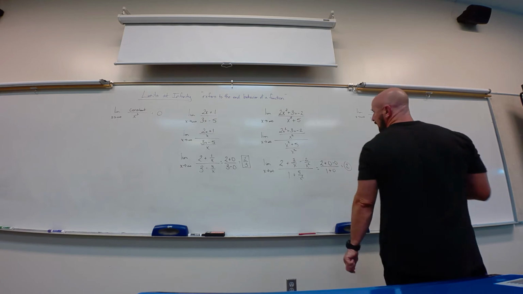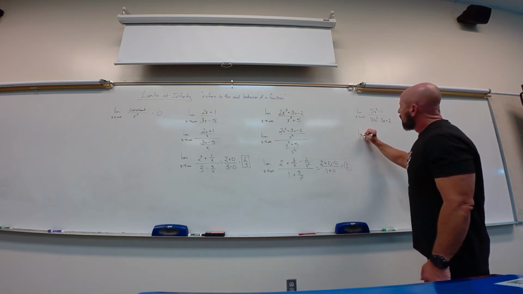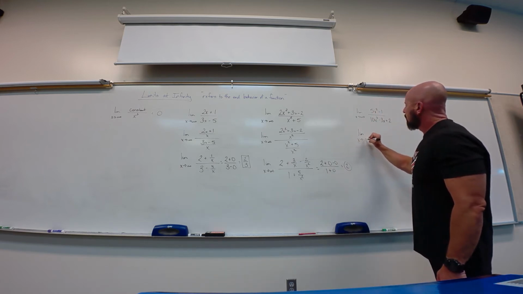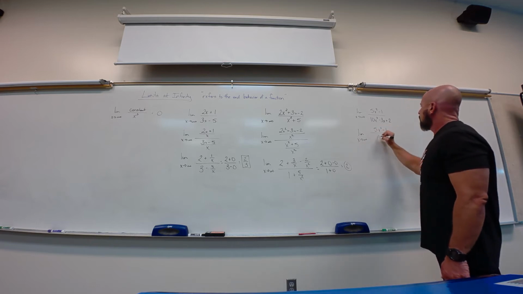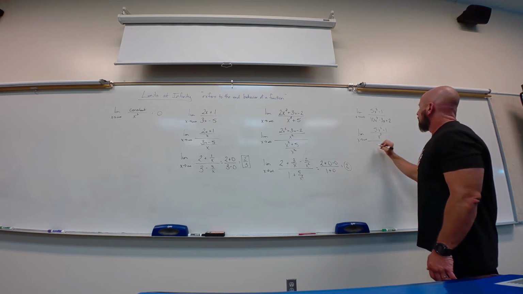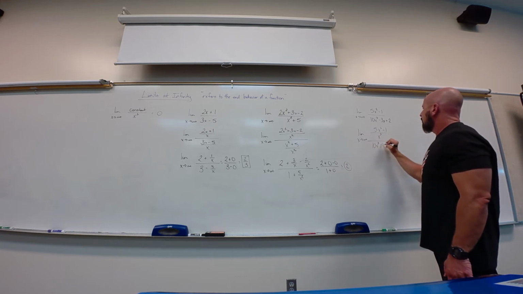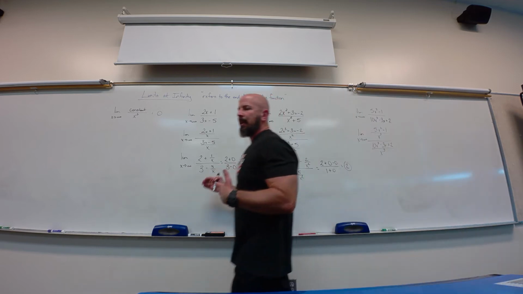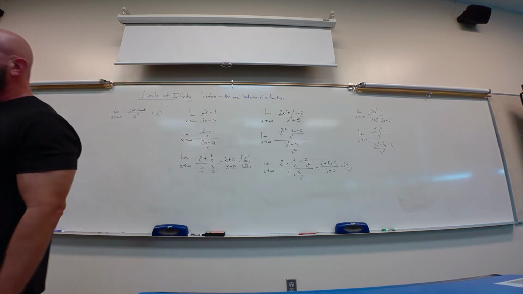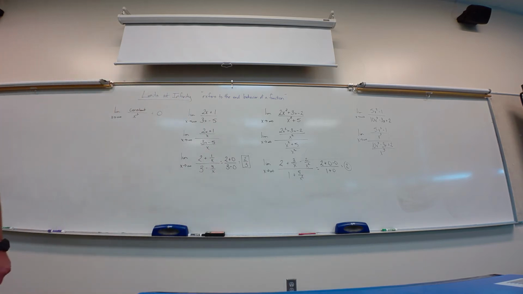So in this guy right here, what I'm going to do is divide top and bottom, numerator and denominator, by x cubed. The reason it's x cubed is because I'm selecting the highest power. I need the highest power to make things cancel out. I can't make it cancel out using the lowest power.